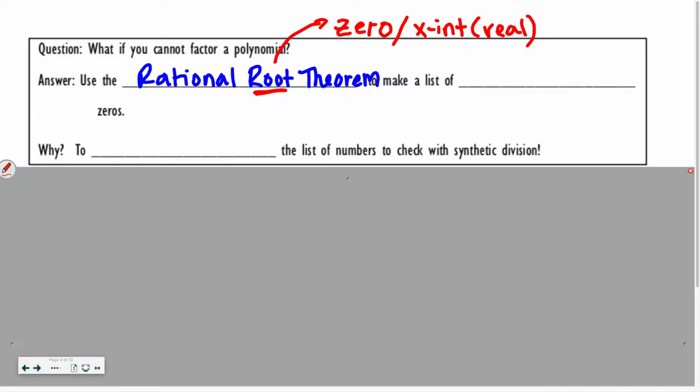And there's a fourth word that we use for these: solution. So there's my abbreviation of solution again. So zeros, x-intercepts as long as they're real, solutions, roots, those things all mean the same thing. If there was ever a question that said, what are the roots of the polynomial, it means solve the polynomial.